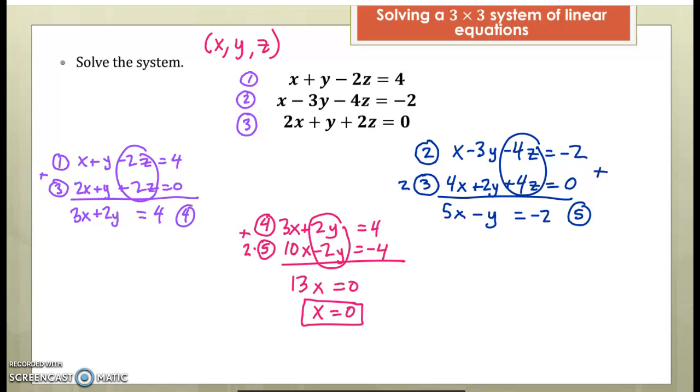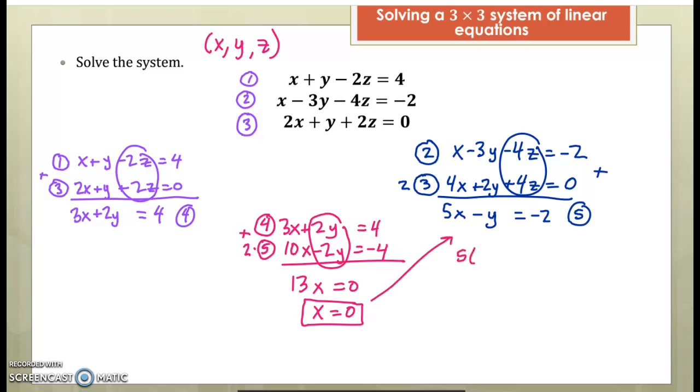Okay, so now I have x. What do I do? I can plug x into either equation 4 or 5, and I can find y. Let's go ahead and plug it into equation 5.